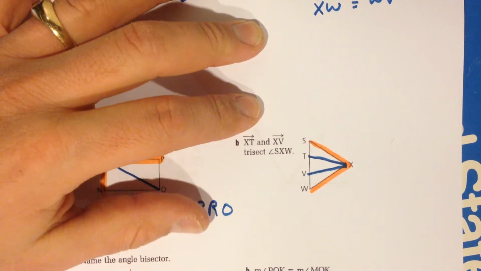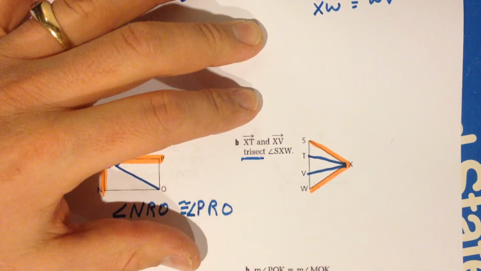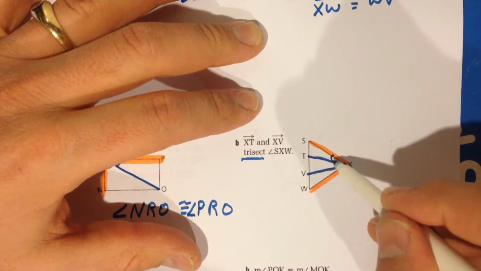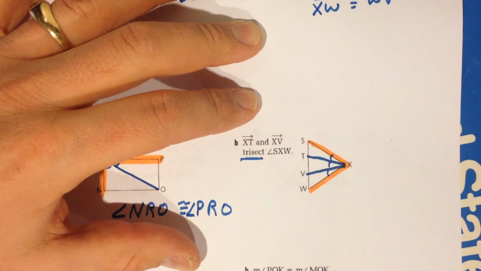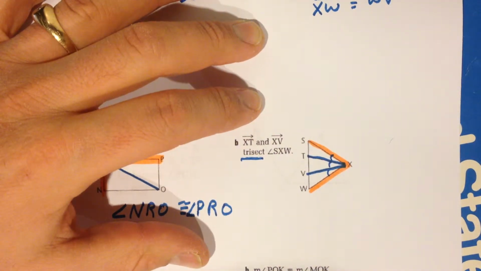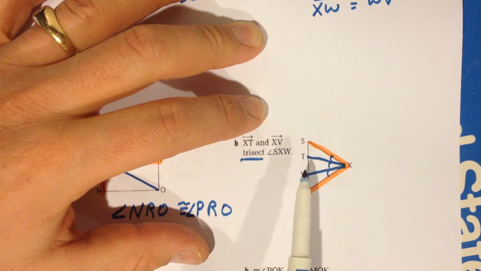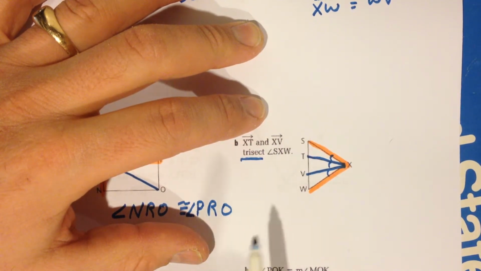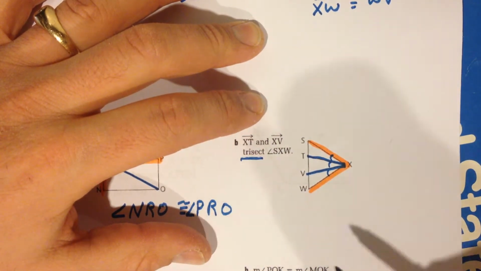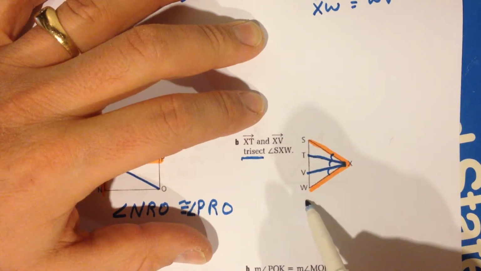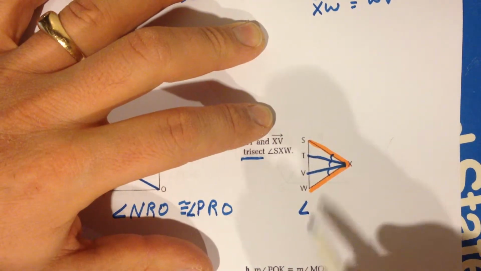So the angle is cut into, what does trisect mean? Thirds. It's cut into thirds. So those three angles are equal, perfectly equal. I know nothing about these segments. They might look equal, but I don't know. So the only thing I can say is that three angles are equal.